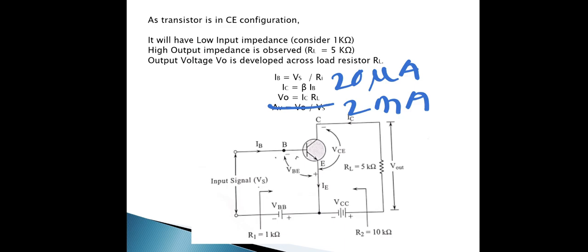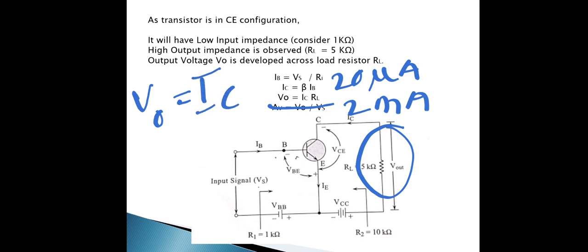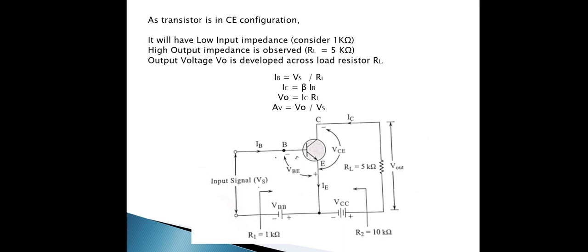V naught is nothing but the output voltage. So output voltage V naught can be written as, according to Ohm's law, we know that V is equal to IR. The current at the output side is nothing but IC, right? And the resistance is nothing but the load resistance, that is RL. So V naught is equal to IC into RL.